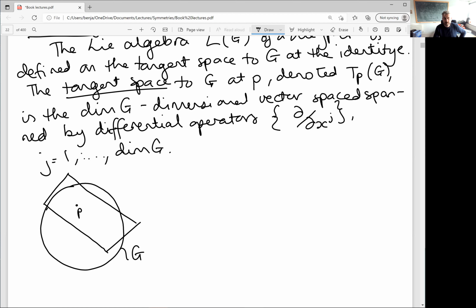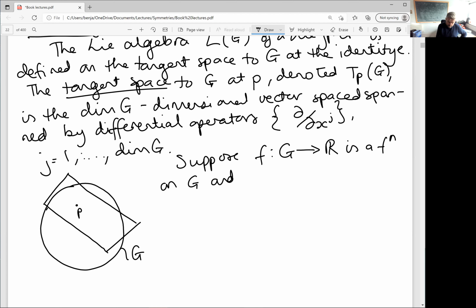So let's suppose we have some function f on our group manifold. This function takes a point on the group manifold and maps it to a real number. So this is a function on the group manifold G, and let some big X, which is defined to be x^i d by dx^i, be in this tangent space.